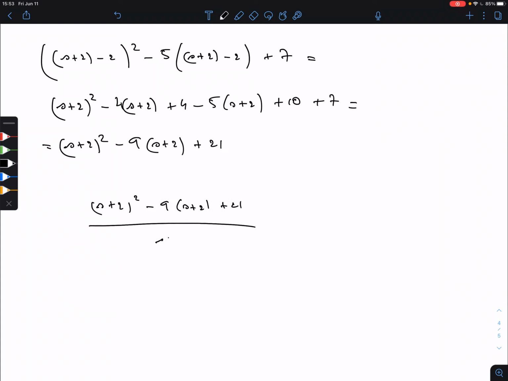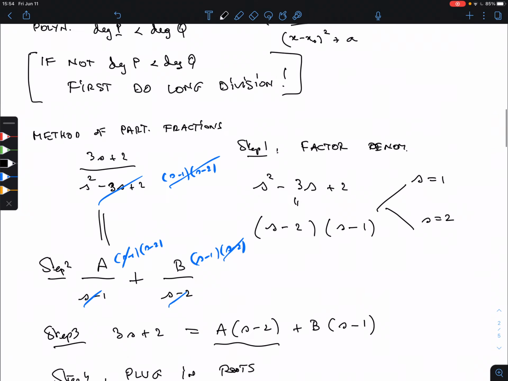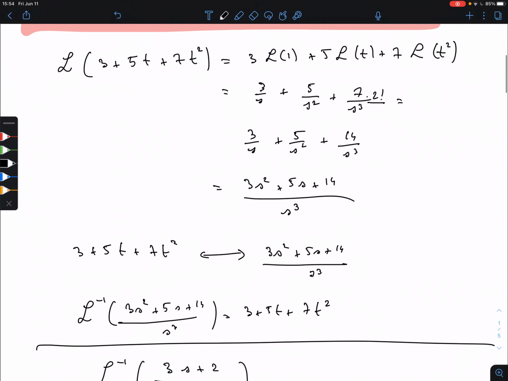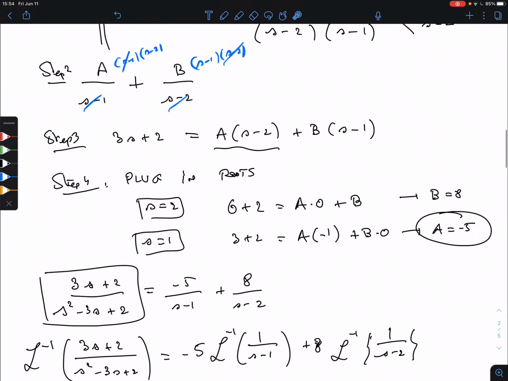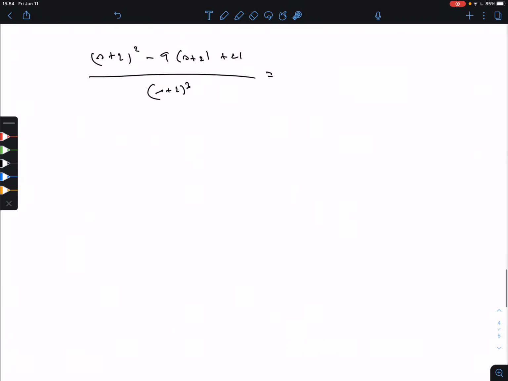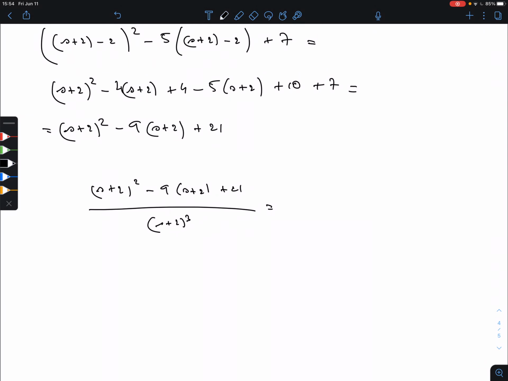And in the bottom we get s plus 2 cubed. Well, now we just do the division, each term separately. Remember, this was exactly what we did all the way in the beginning; instead of s plus 2, we had just s here. That was more obvious to do, but now that we have written it in this form, it also becomes obvious. So we divide each term by s plus 2 cubed.